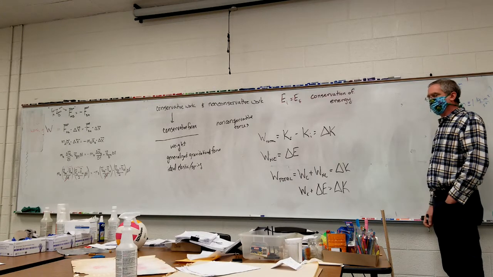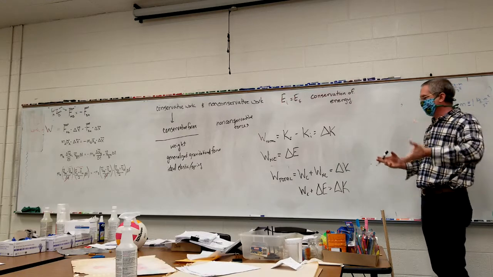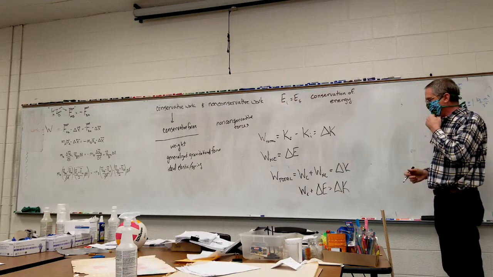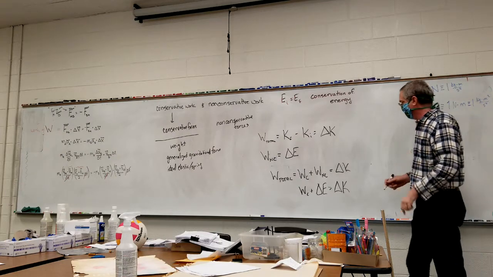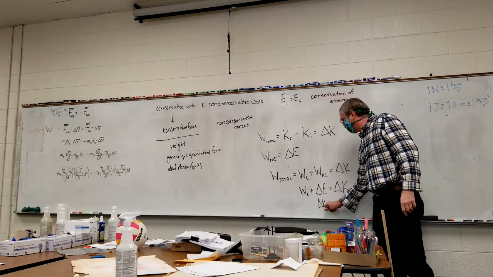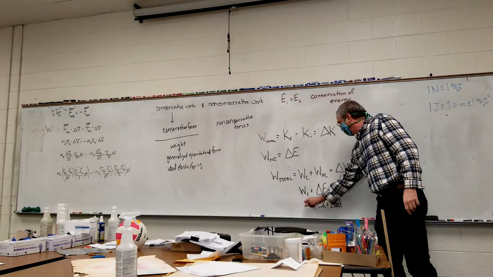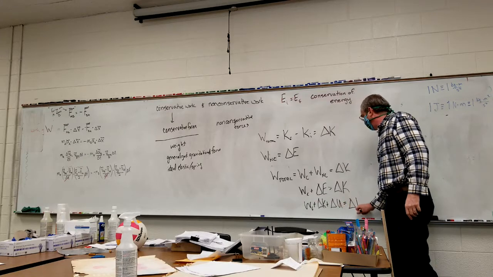Well, energy, I'm not worried about things bursting into flames or anything like that. We have no nuclear explosions here. So my energy here is just potential plus kinetic. So this is my change in kinetic plus the change in potential. So my conservative work plus that equals change in kinetic.